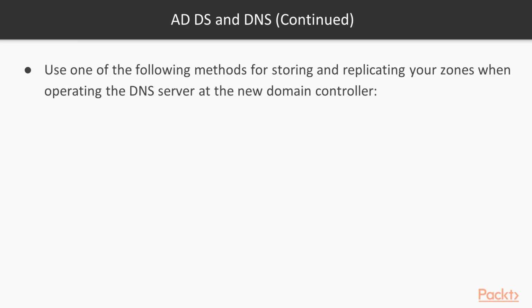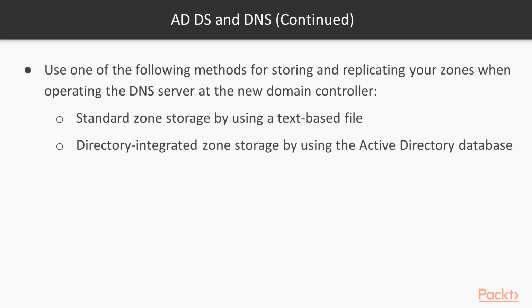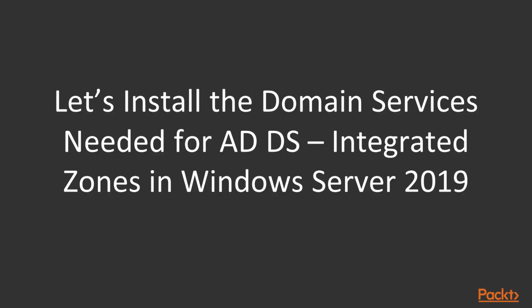After installing ADDS, you can use one of the following methods for storing and replicating your zones when operating the DNS server in the new domain controller: the standard zone storage by using a text-based file, or a directory-integrated zone storage by using the Active Directory database. So let's install the domain services needed for the ADDS integrated zones in Windows Server 2019.